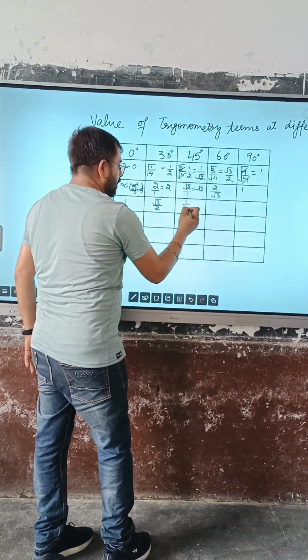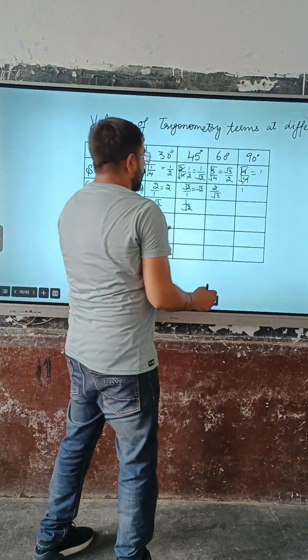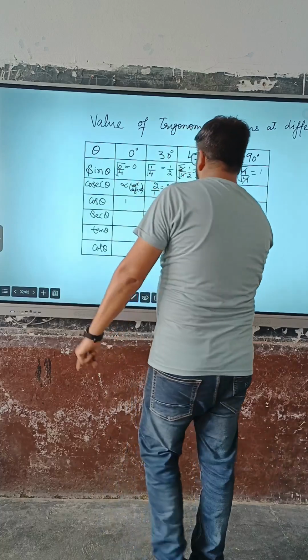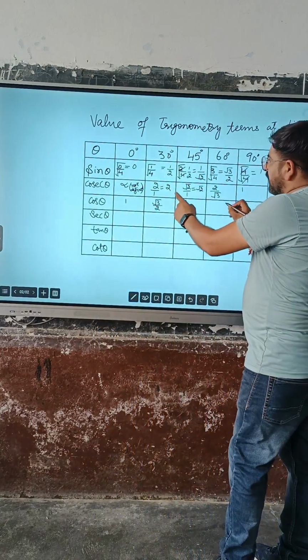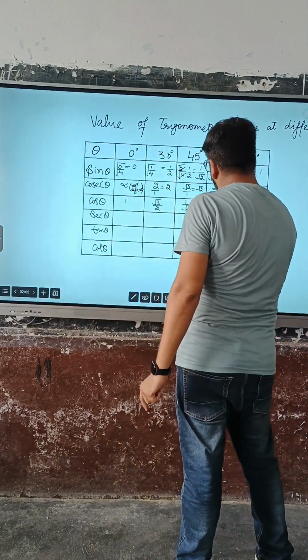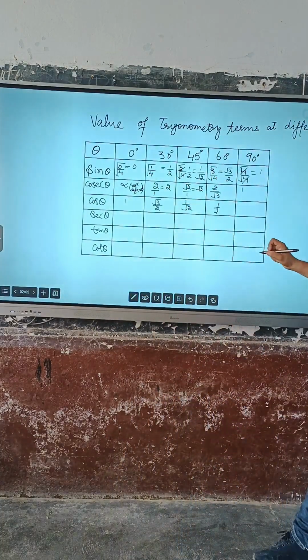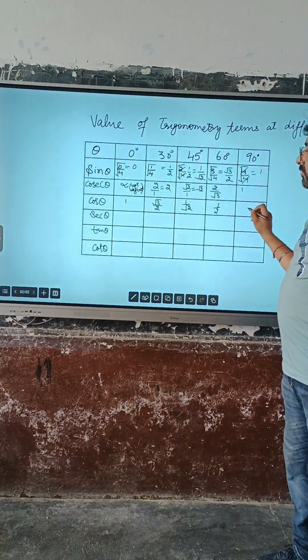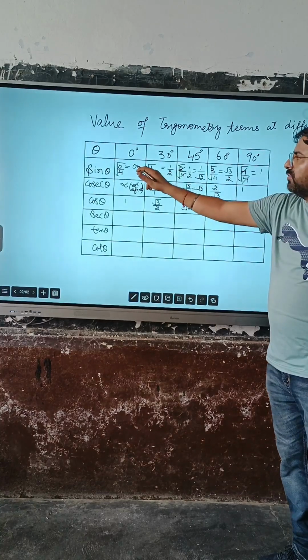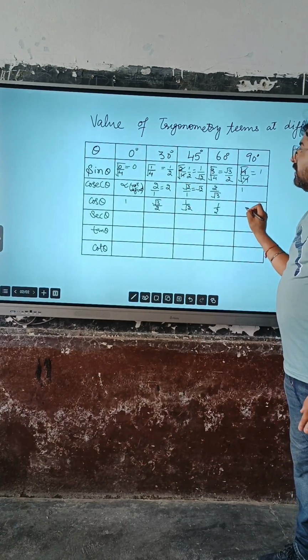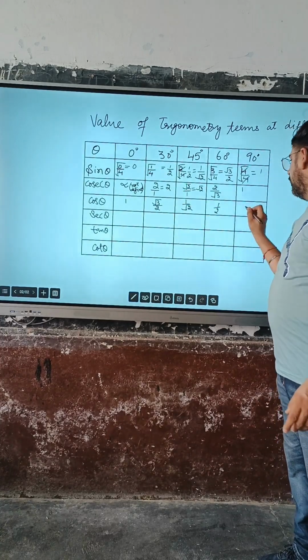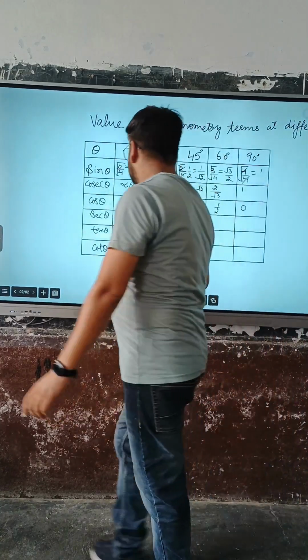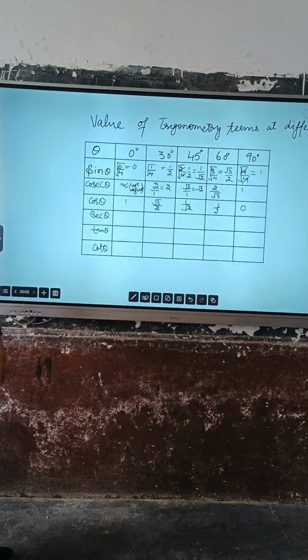Cos 45 is 1 by under root 2. Cos 60 degree and sine 30 degree are the same, and cos 90 is equal to sine 0. So sine 0 is 0, so cos 90 is 0.